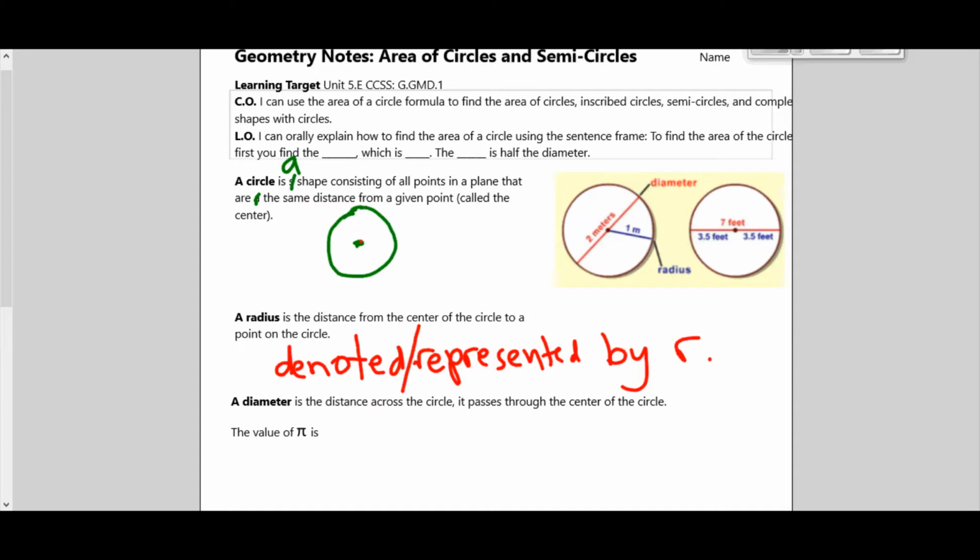From the center to a point on the circle, this is the radius. So I'm going to call this an R.